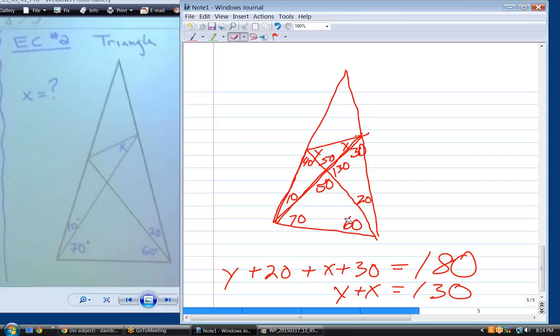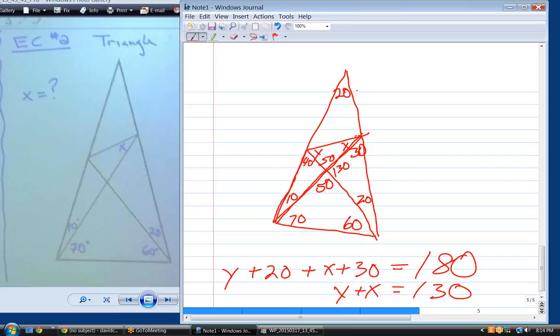Well, I tried to make another triangle up in that upper section. Oh, yeah. In fact, we know this angle up here. There you go. If this angle's 80 and this angle's 80, this angle's 20. Oh, yeah.